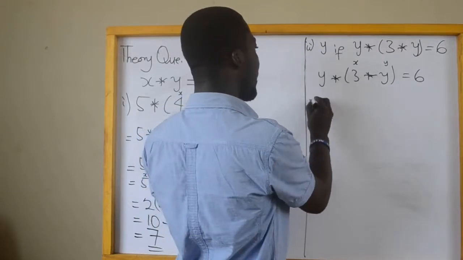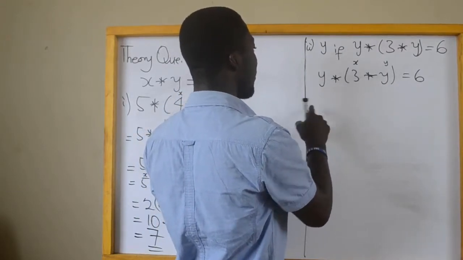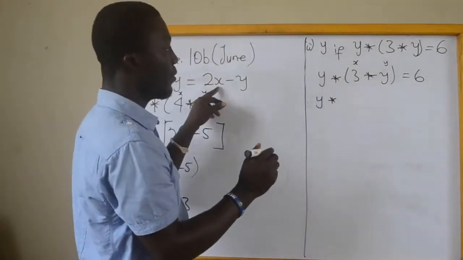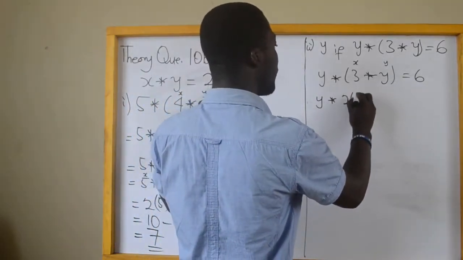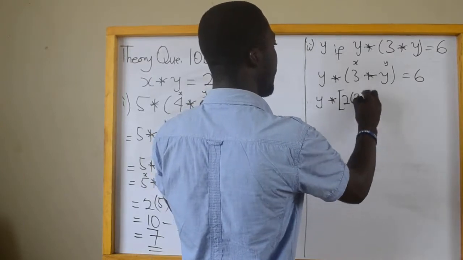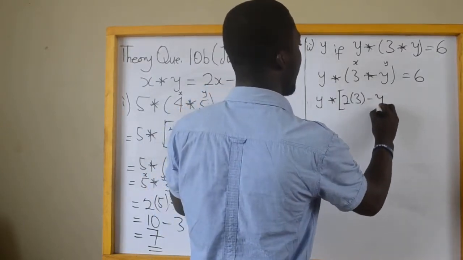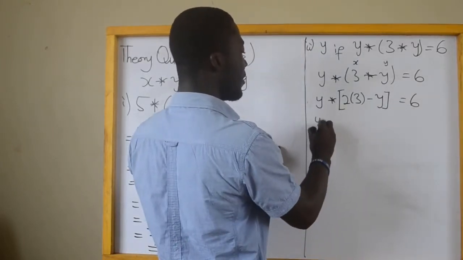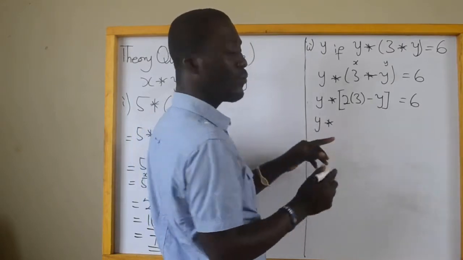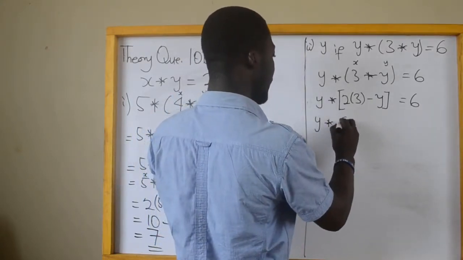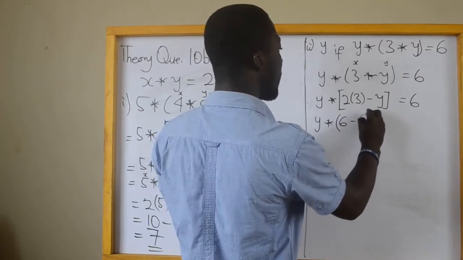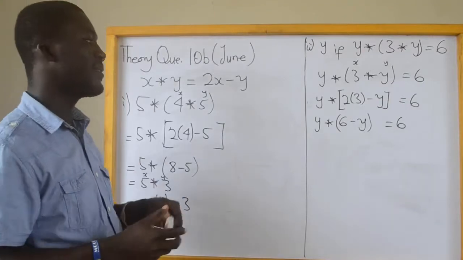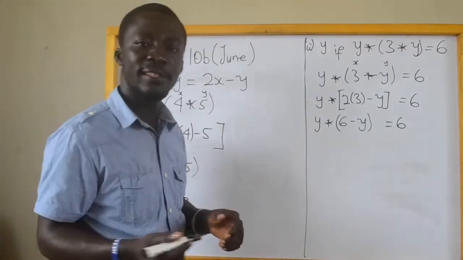So we can operate it by writing y star 2 into bracket 3 minus y, which is equal to 6. Then we continue by writing y star 2 times 3 will give you 6 minus y, which will also be equal to 6.